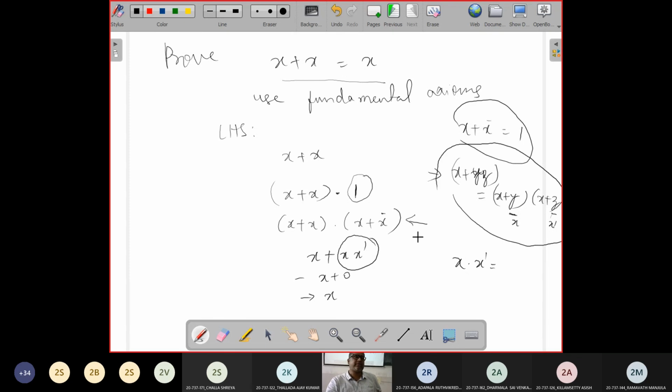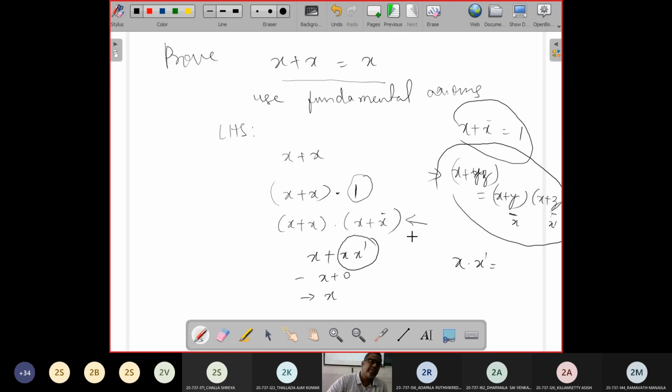You should be able to apply the fundamental axioms and theorems you have just listed in order to prove these statements. This is an illustration for that. Is the proof clear to you?